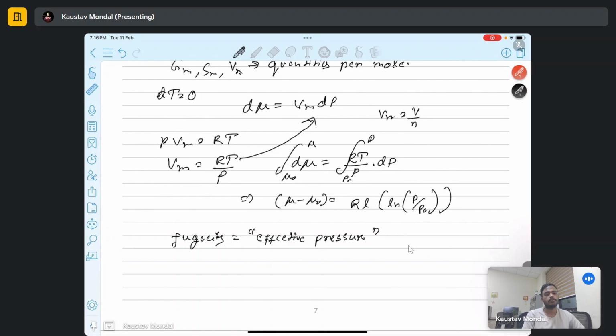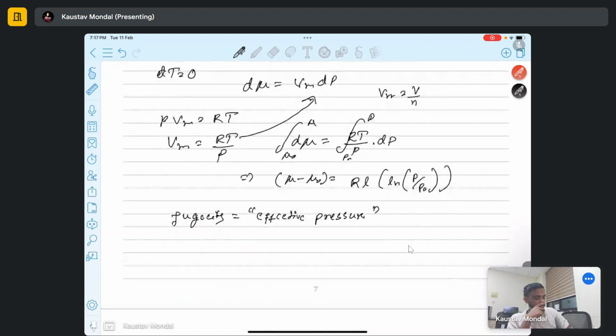If you consider the volume of the gas and also the intermolecular forces that we have not considered in case of ideal gas, the effective pressure of the gas will change from its true pressure that comes from the ideal gas equation, and we have termed this effective pressure as fugacity, right? So instead of writing this change in chemical potential mu in terms of true pressure, you can write it in terms of fugacity.